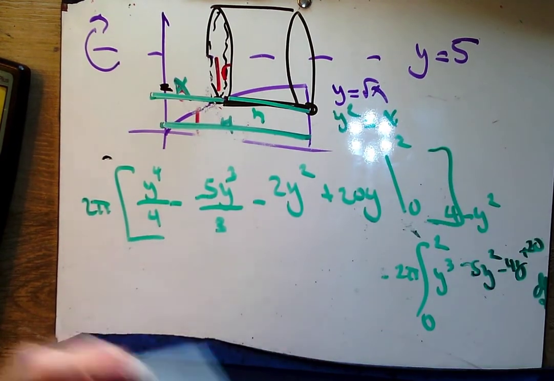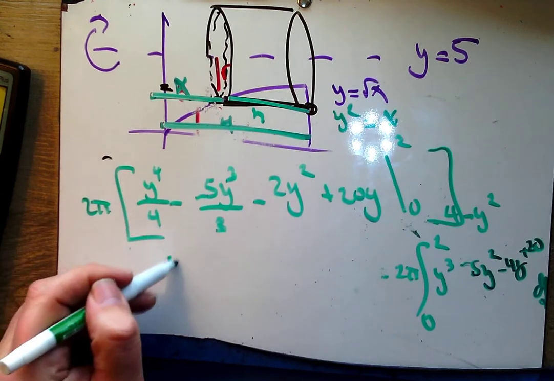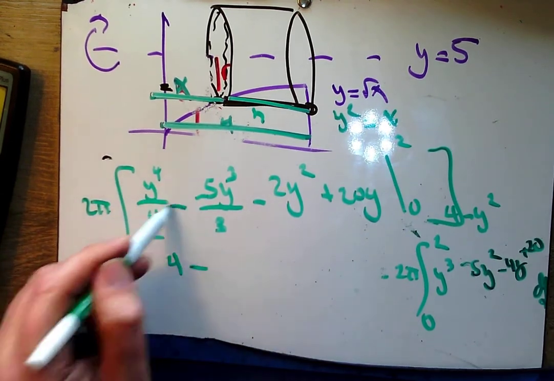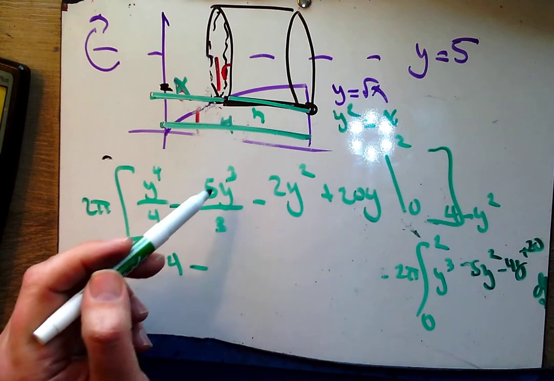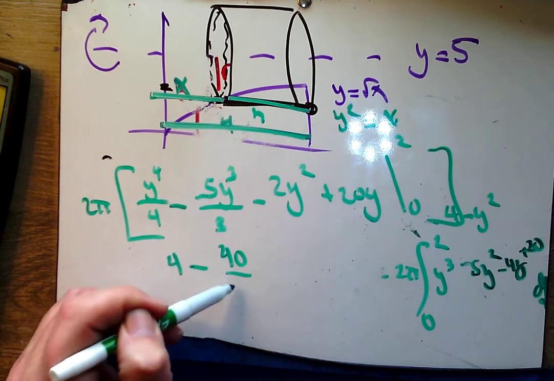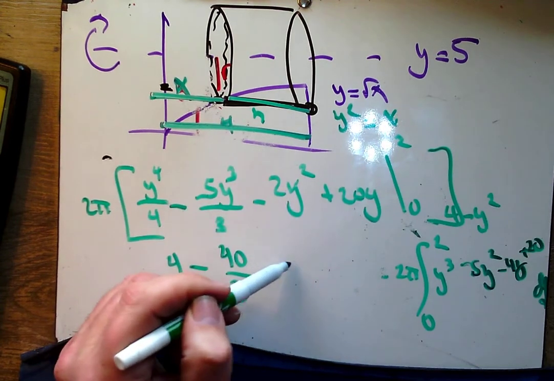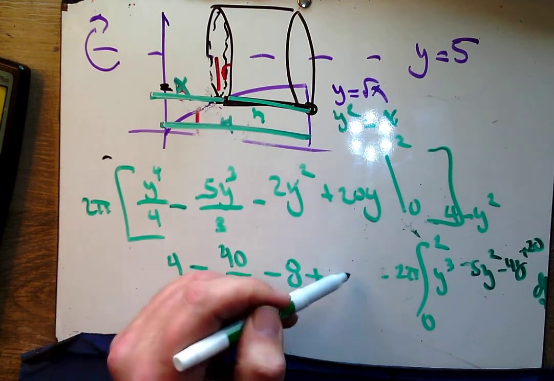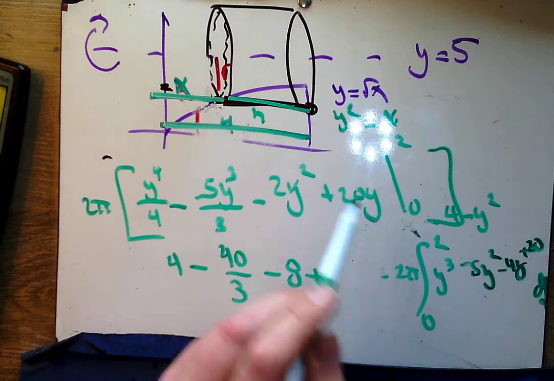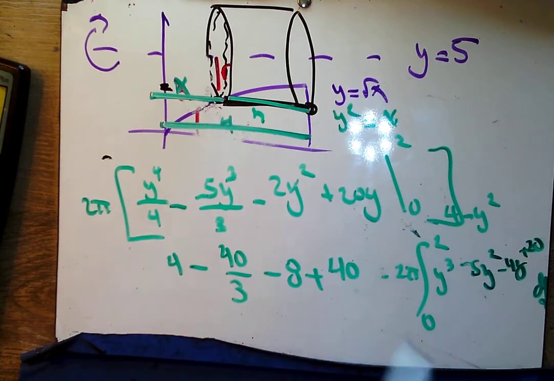Plugging in a 2, I get 16 over 4 is 4. 2 to the third is 8, I get 40 thirds. 2 squared is 4, 4 times 2 is 8. Plus 20 times 2 is 40.